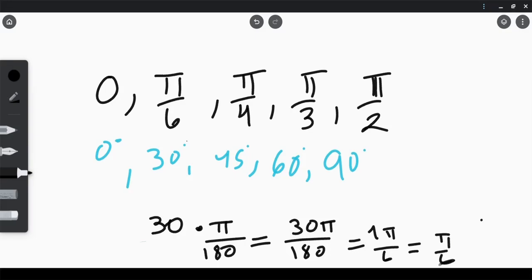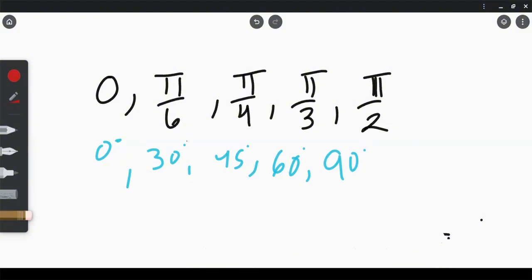So you just have to remember this rule: when you want to convert to pi's, you multiply by pi over 180. It's a normal conversion factor.